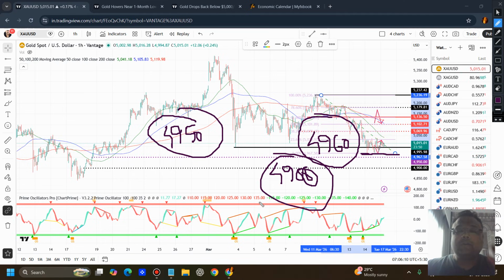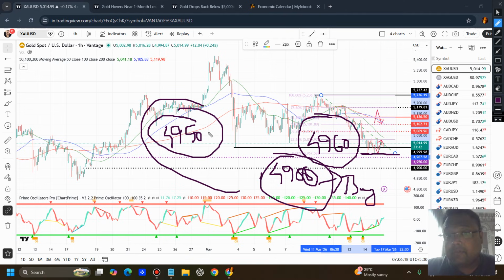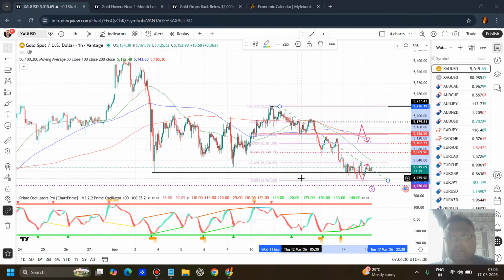So 4900 is the next best support on a chart of gold, where you can look for a buy position. Chances of 4950 working is less, because already market has taken support around 4960 couple of times. So if market takes support, shows price rejection from below, we can look for a buy around 4900.